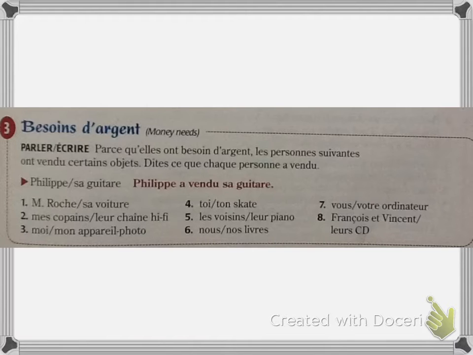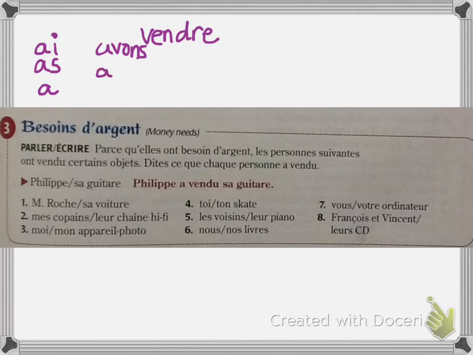So one thing here is we're always going to be using the verb vendre. But remember, in the passé composé, it's going to require either a, avons, avez, or ont, one of those verb forms based on the subject, plus the past participle, which is vendu.